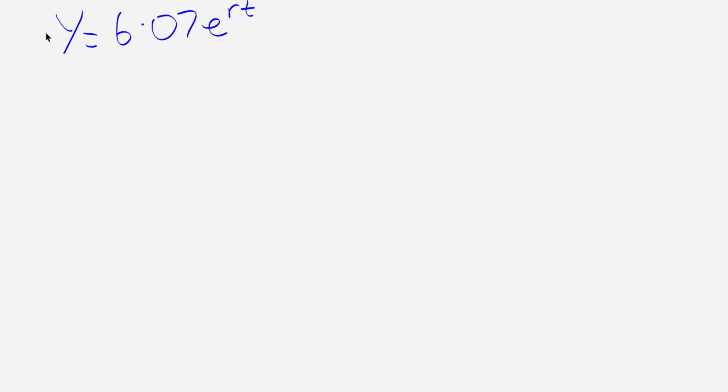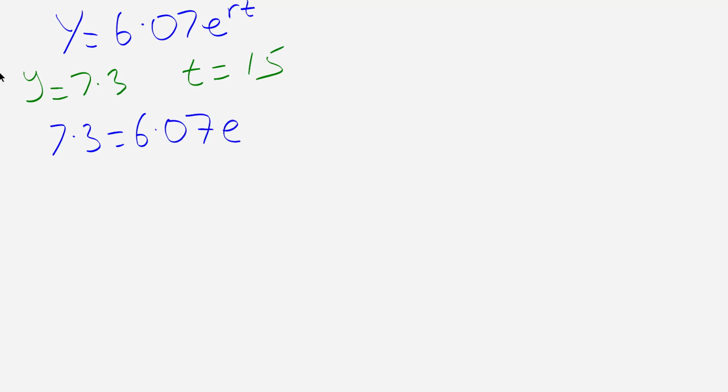We have our function so far, y equals 6.07 e to the rt, and we know that y will equal 7.3 when t equals 15. So we're going to sub 7.3 in for y and 15 in for t and solve for r. So 7.3 equals 6.07 e to the r times 15.